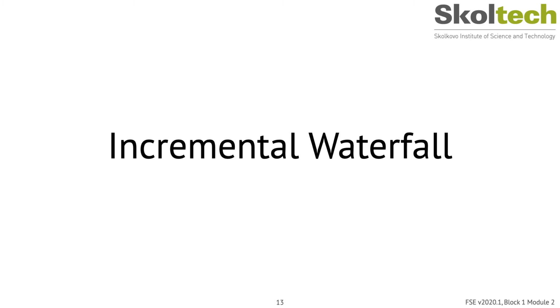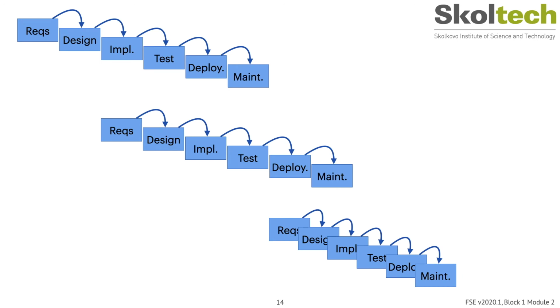So one way of trying to inject some incremental things, some iterative nature into this waterfall model is the incremental waterfall. And what it is, so instead of having all of the application designed fully, what you can do is you can use a series of separate waterfall cascades.